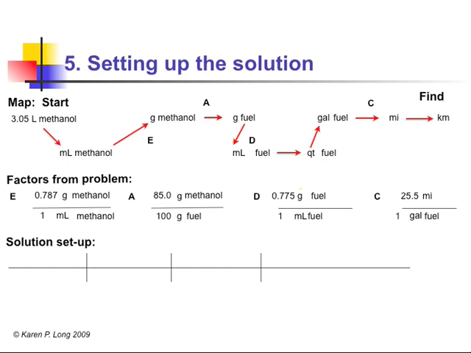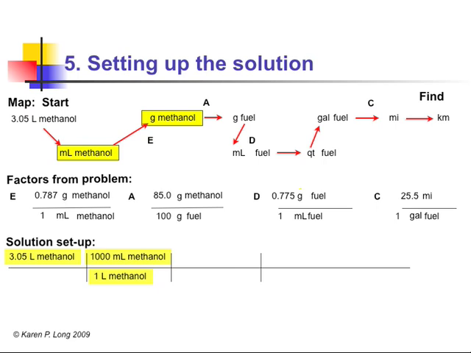So let's do the setup, starting with the 3.05 liters of methanol. We place it on the top of our fraction in the bottom setup. We'll convert to milliliters of methanol. That's your metric conversion, 1,000 milliliters to a liter.